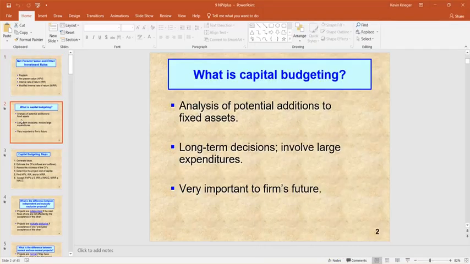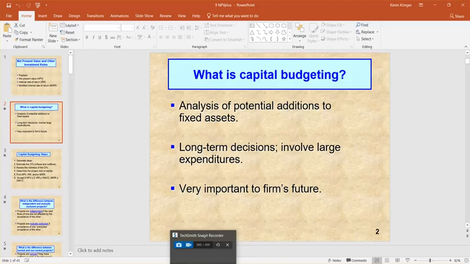Our capital budgeting has a focus that's long term. In fact, one thing that you might want to keep in mind explicitly, I think our book is on the ball with the idea that you need a framework, you need a horizon of more than a year, say, to be a long-term decision.